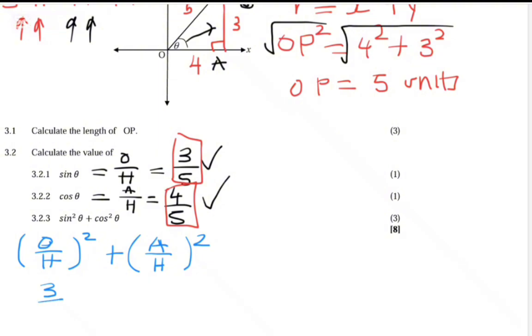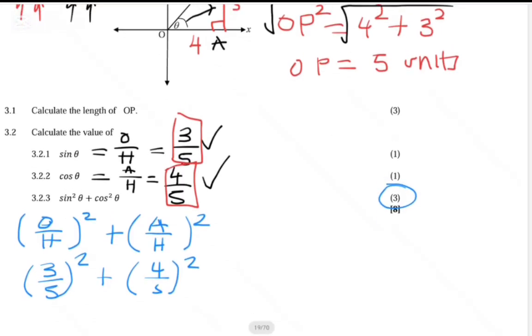It's going to be 3 over 5, squared, plus, and then for adjacent it's going to be 4 over 5 squared. So here for this 3 marks, you need to show your calculations, guys. Don't be in a hurry to just punch it in your calculator. Show all your calculations, because they're going to want to see each and every step.